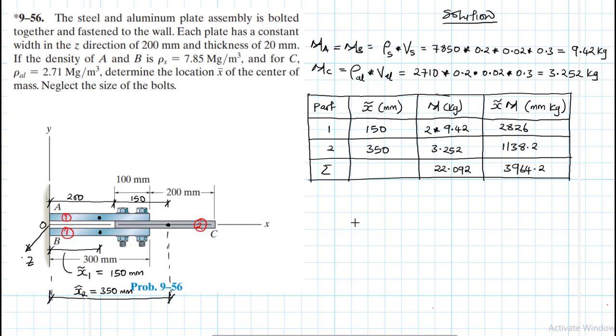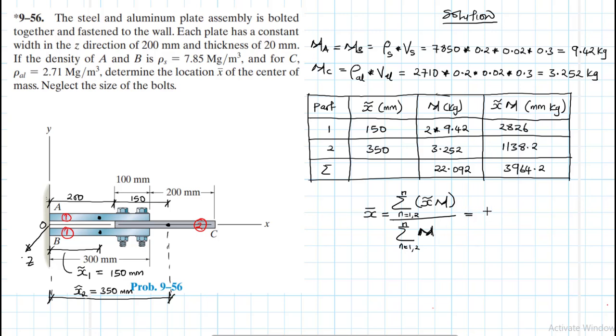Okay, so now let's find the centroid within the x-axis. So x bar is equal to summation over n, the number of elements, where n is equal to 1 and 2, and then what is it that we are summing? We are summing up the local centroids times the local masses, right? And divided by summation, n equals 1 and 2, of the mass, the total mass.